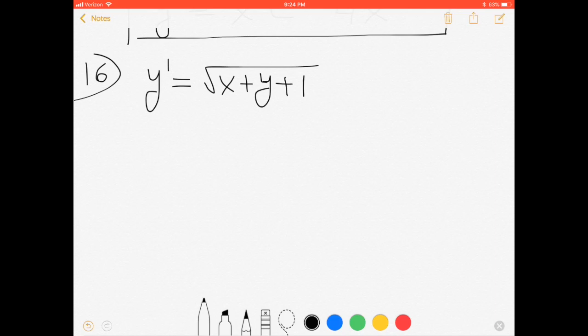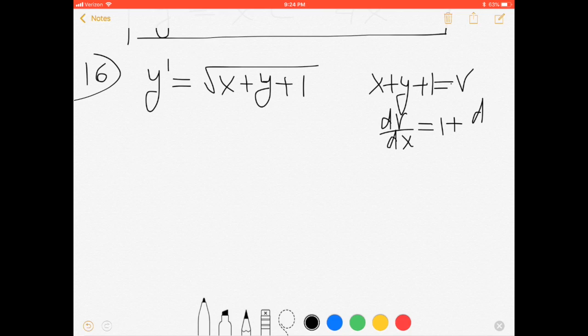You can easily see what kind of substitution it is: x plus y plus 1 equals v. Then dv/dx will be 1 plus dy/dx. Okay, plug in there. You have dv/dx minus 1 equals the square root of v.